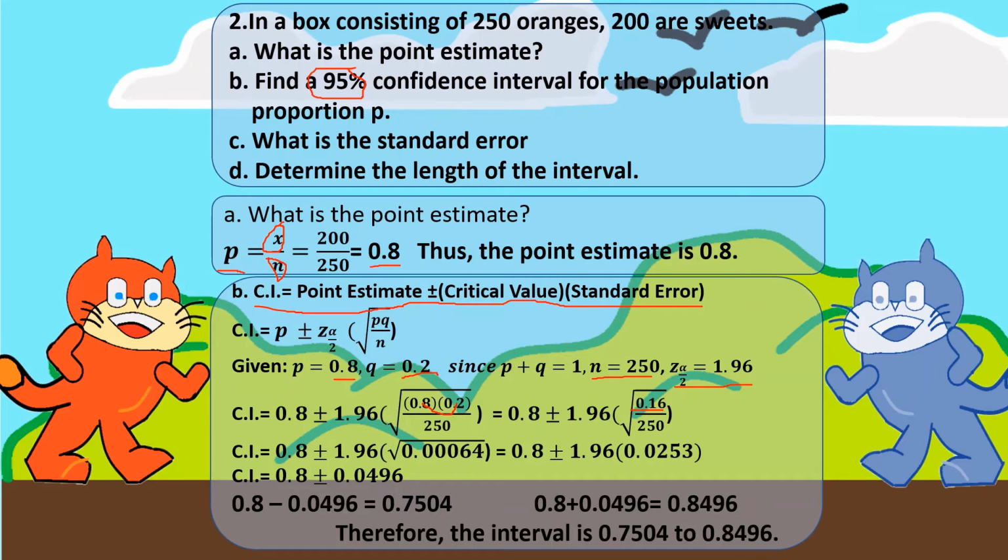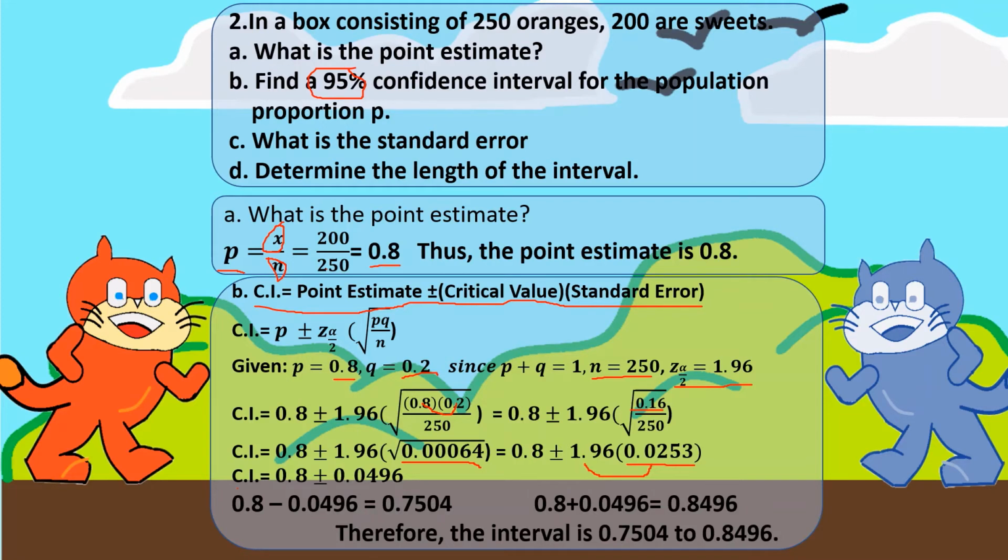And then 0.16 divided by 250, we come up with 0.00064. And the square root of 0.00064 is 0.0253.